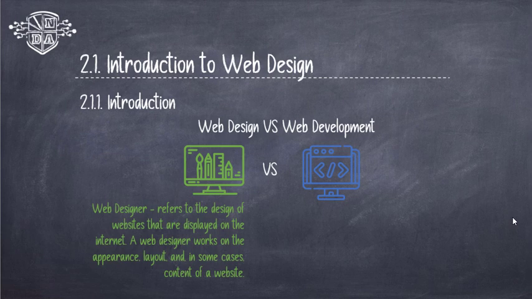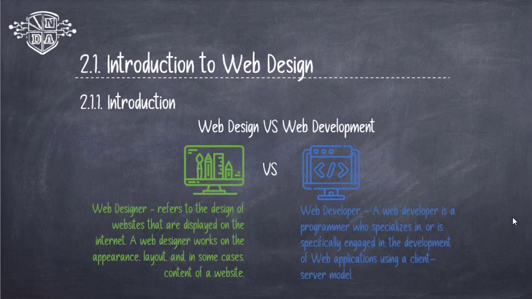So when we talk about web design, in most cases we are referring to the design of the websites that are displayed on the internet. A web designer works on the appearance, works on the layout, and in some cases works on the content of the website. But on the other hand, a web developer is a programmer.